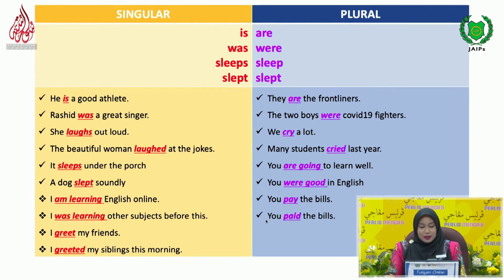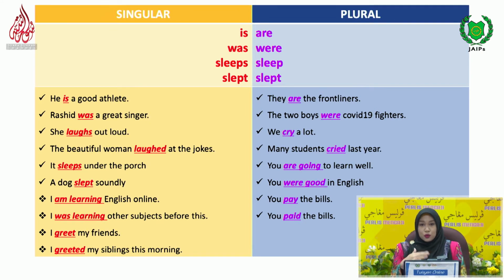So you can see here that they, the two boys, we, many students, and you, they are all the plural subjects, okay? All subjects that are more than one are plural subjects. They, mereka, ramai. The two boys, dua orang. Many students, ramai. So those are all plural subjects.